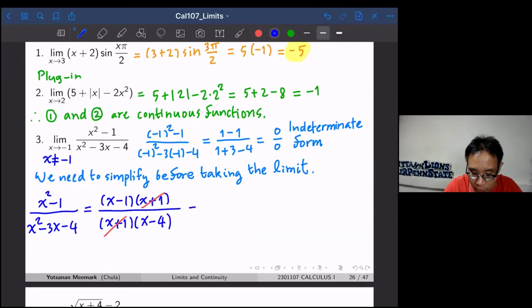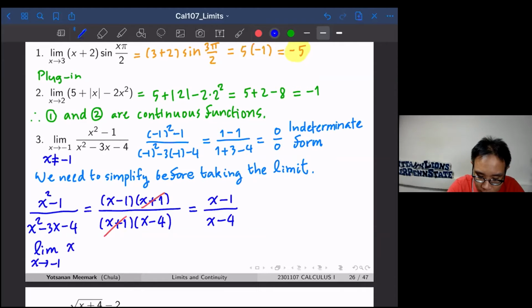So it's x minus 1 over x minus 4. We simplify into x minus 1 over x minus 4, and take the limit as x goes to negative 1 of x squared minus 1 over x squared minus 3x minus 4.